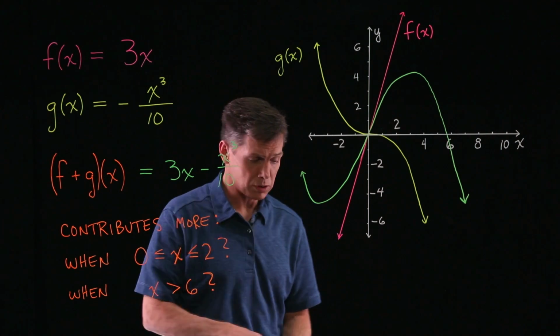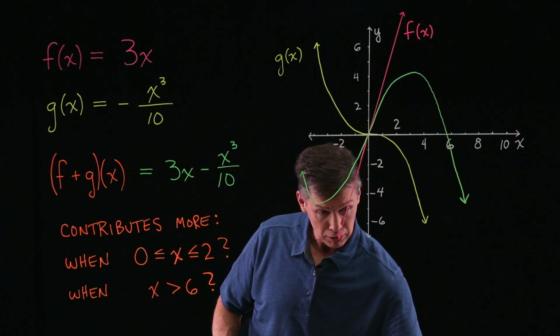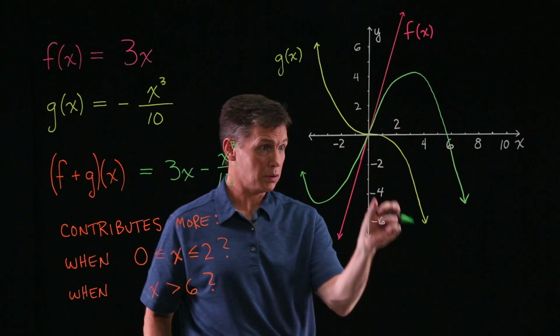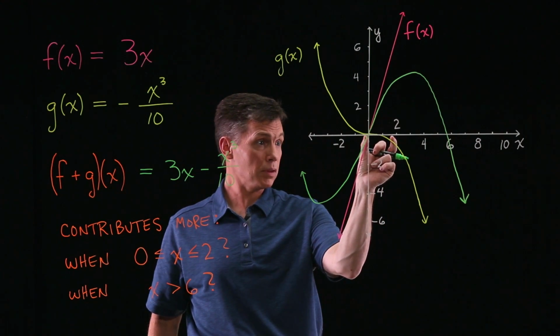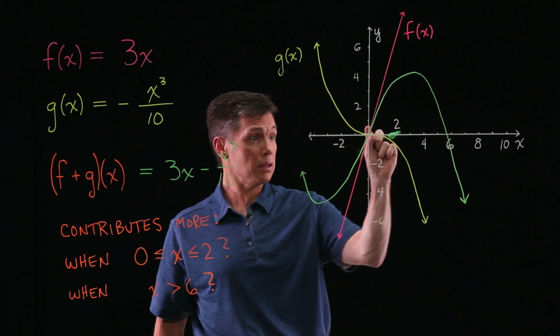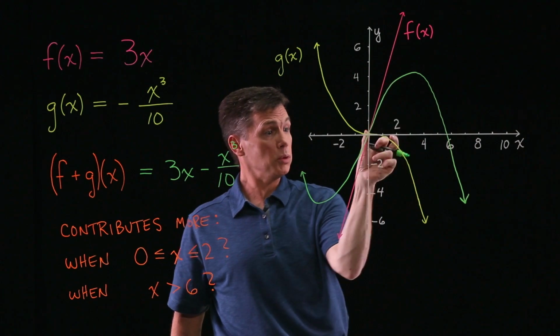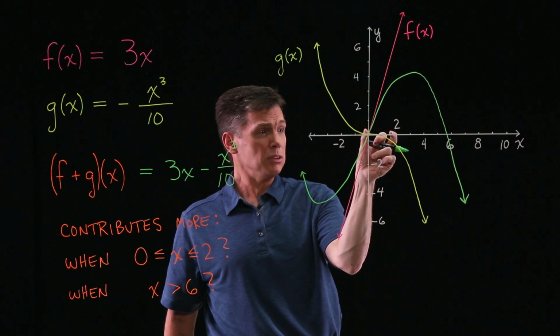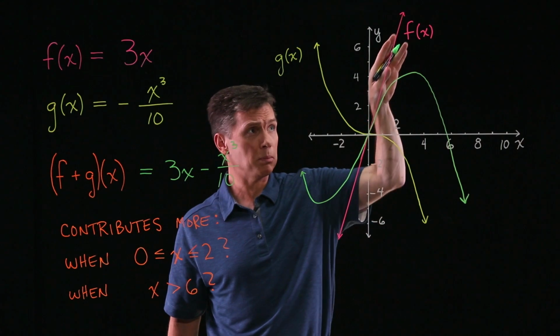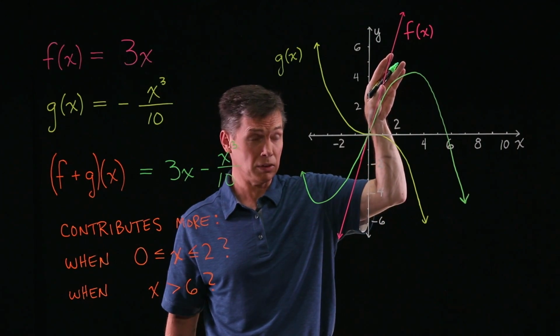So what we're going to do to answer that is to go over to the graph and look. We'll observe between 0 and 2 on the x-axis, that's here. The new graph that I just drew, the third one, it's green for me, that's here. And between 0 and 2, it's really behaving a lot more like the pink. It's tending toward where the pink graph is, the f of x.